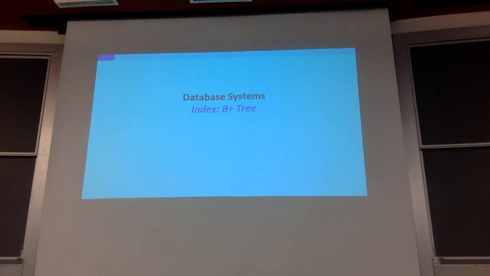So let's get to the lecture. Last time we talked about access methods and different access paths like heap file, sorted file, and indexes. In particular for B-tree indexes, you have a lot of things to consider, like do you have a single key or a composite key, or is it clustered or unclustered?